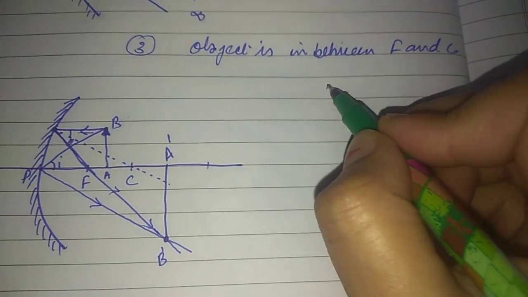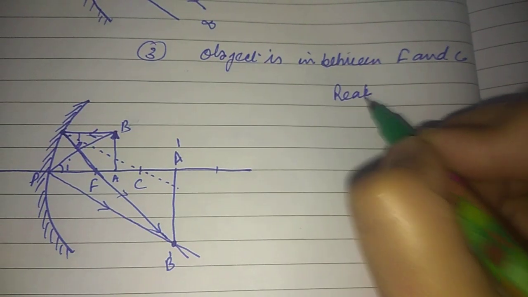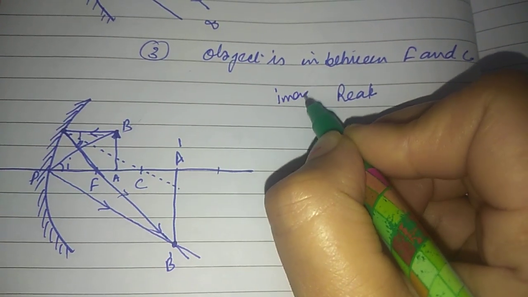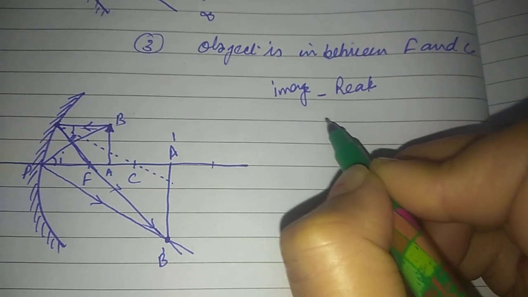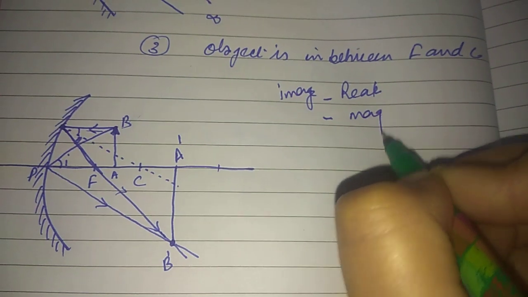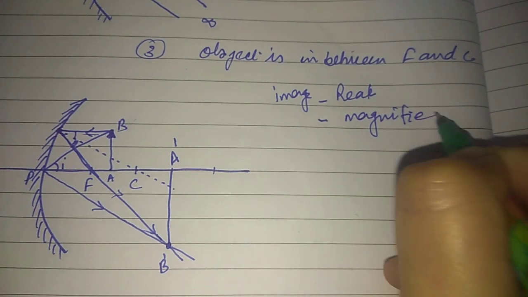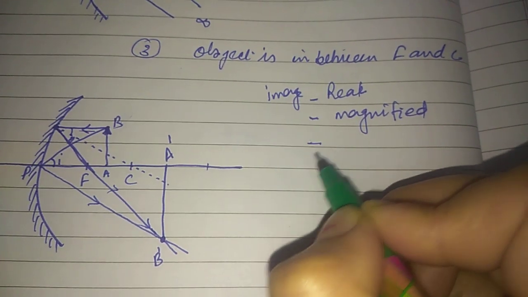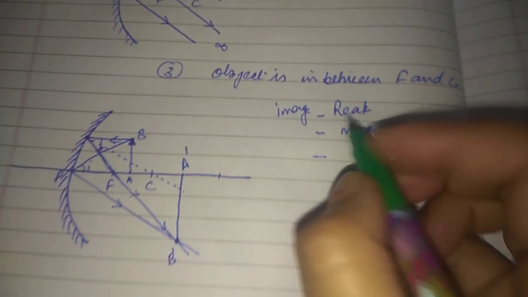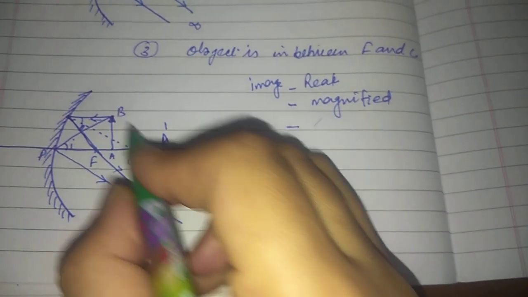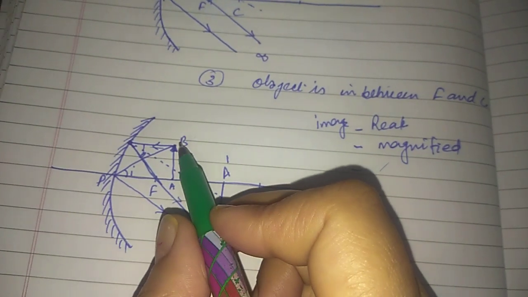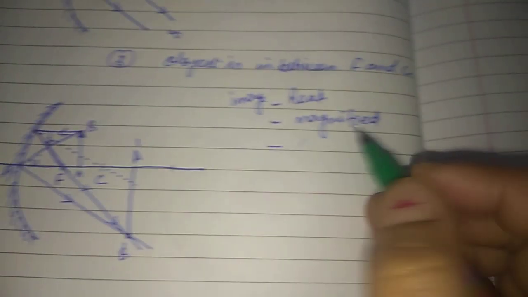First we can see this is real, image is real. Second, it is magnified. Third, it is inverted also, because here you can see B was lying above the principal axis and it is lying below the principal axis.